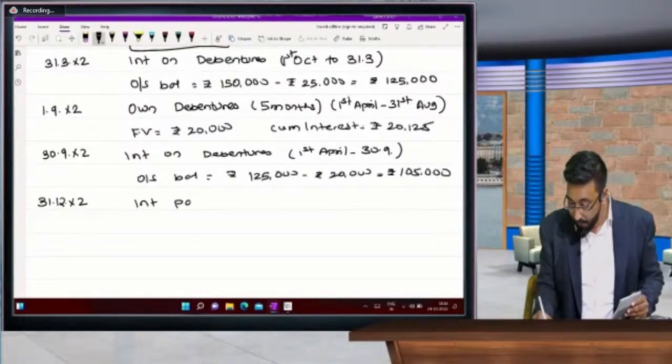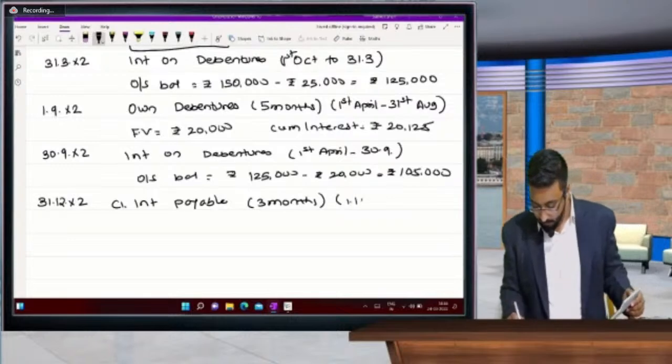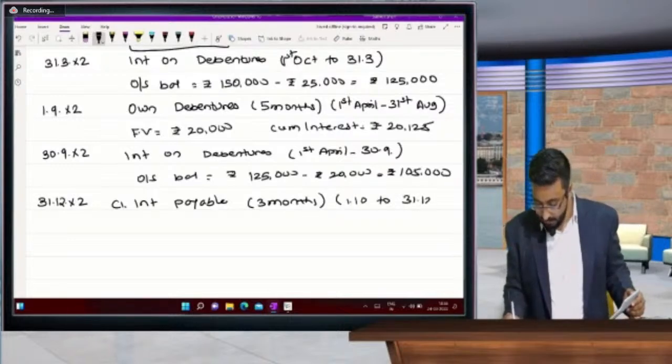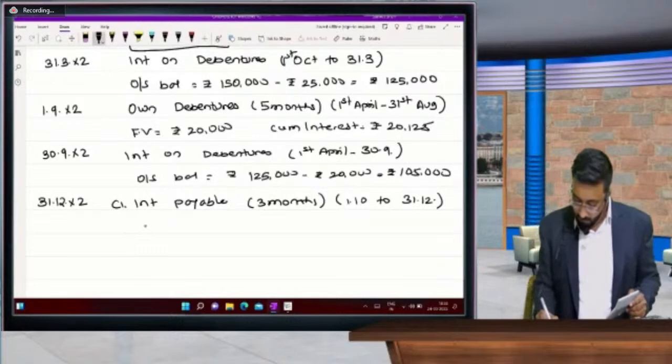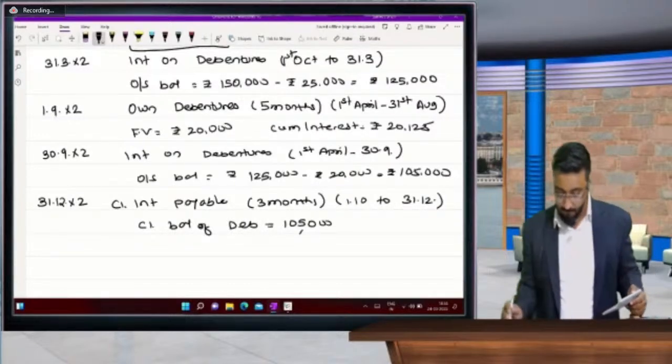Closing interest payable for 3 months, from 1st October to 31st December. And the closing balance of debentures is equal to 1,05,000.